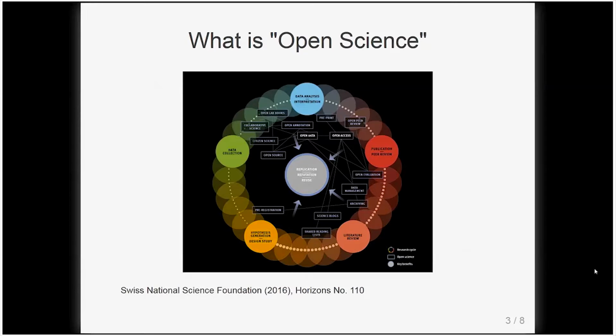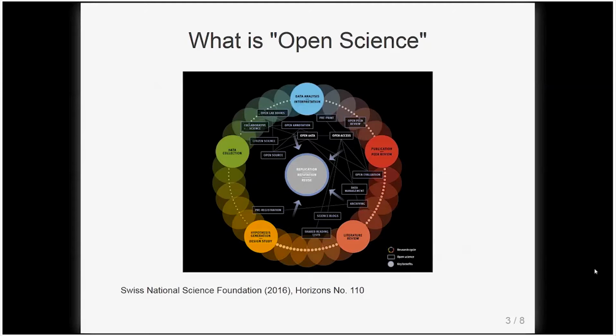So when we talk about open science, this isn't just something that happens at one stage in our research process. As per this diagram, which I have borrowed from the National Science Foundation, these open science elements exist all the way through our investigation process, from our hypothesis generation and design through data collection, analysis, publication, and subsequent reviews, and so on.